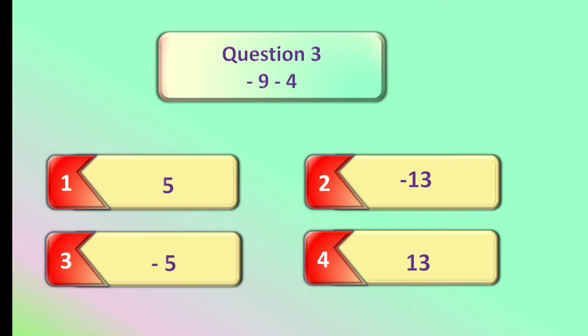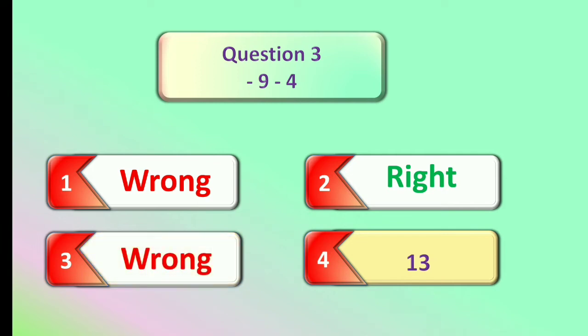Let me explain. First, we need to put sign of greater term. 9 is greater, so answer should be negative. Both numbers have same sign, so we need to add. 9 plus 4 gives 13. So minus 13 is the correct answer. Let's move to the next question.